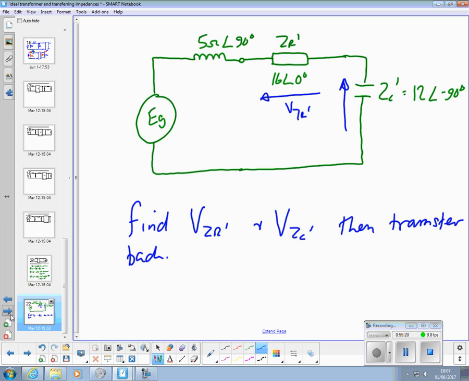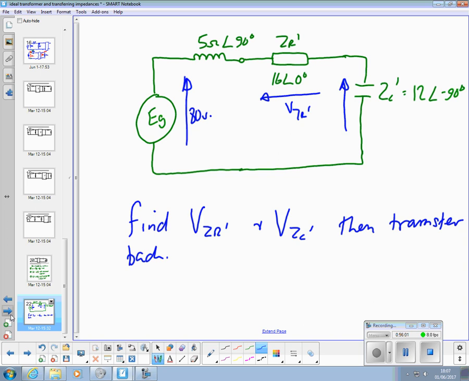Where are we going to start with finding those two voltages, knowing that this one is whatever we give in the first place, 80 volts? How are we going to do it? Now one's plus 90 angle and one's negative 90 angle, we can't just get rid of the angles.